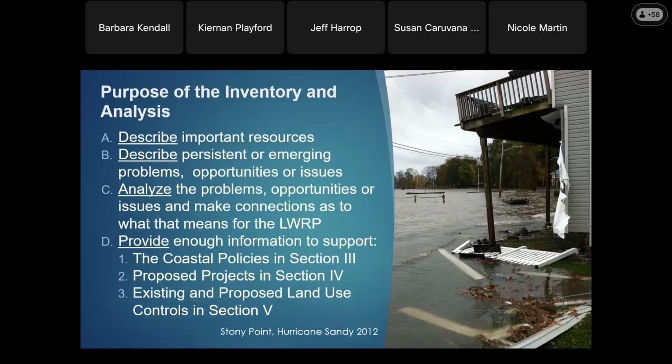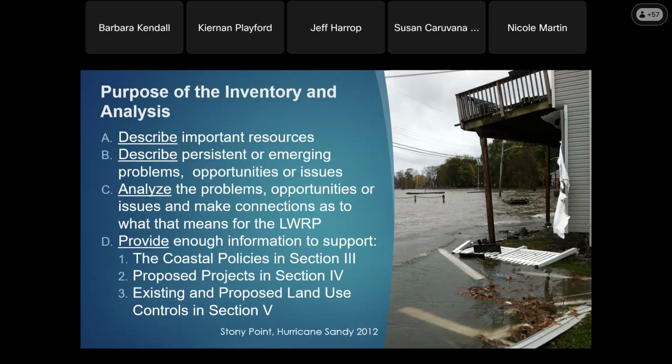The purpose of the inventory analysis is to identify and describe important natural and cultural resources. The inventory analysis must be broad enough to ensure consideration of all important waterfront resources, uses, problems, and opportunities, and detailed enough to support development of a specific and realistic local program.